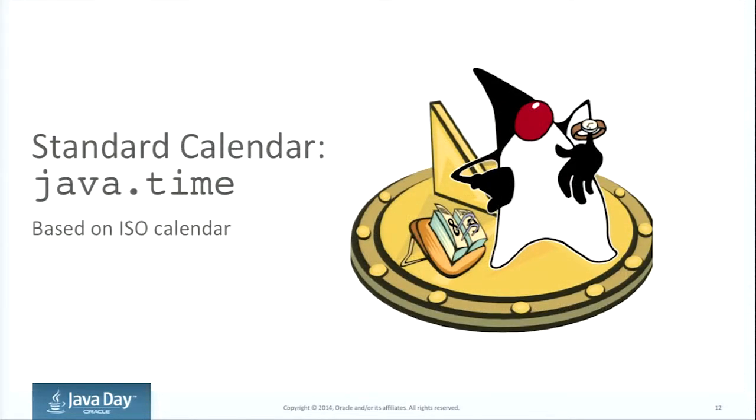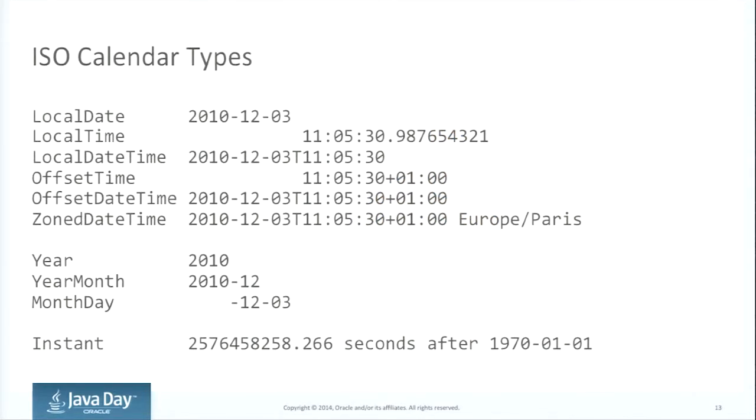The first one is java.time, which is basically the ISO calendar. This is just an example of the information we're going to have. Local date is pretty much just the date. Local time refers to just a time, and local date and time comprises both a date and a time. We have offsets, the offset of a date at a time.